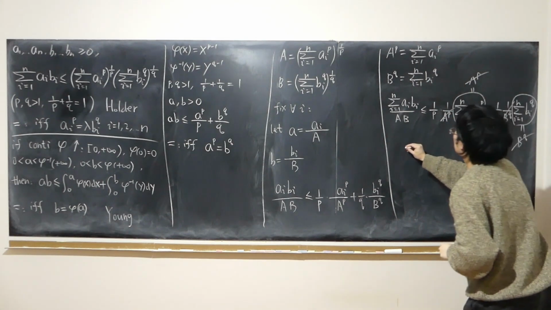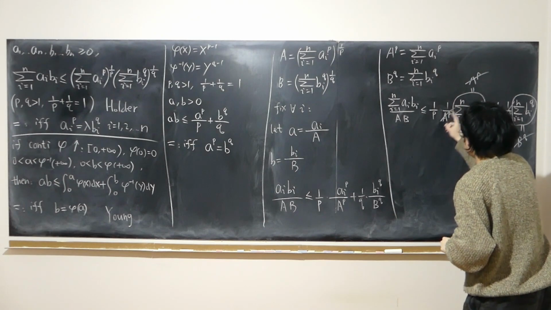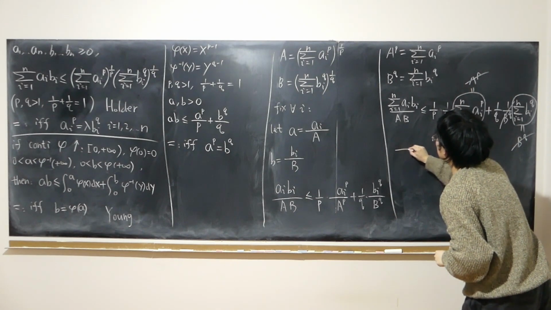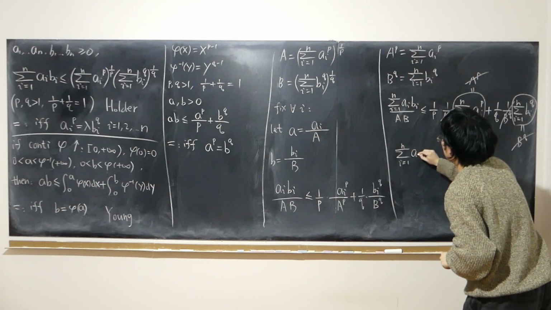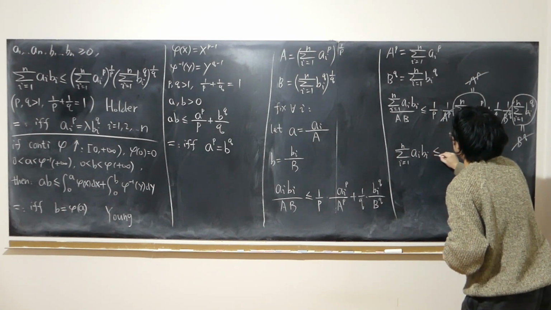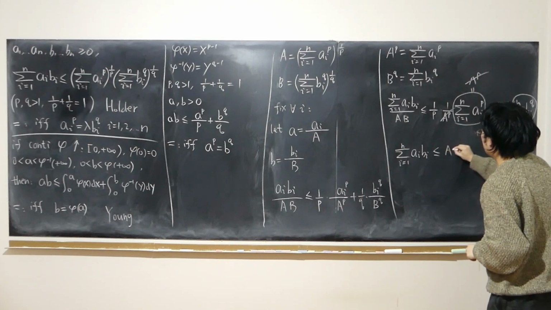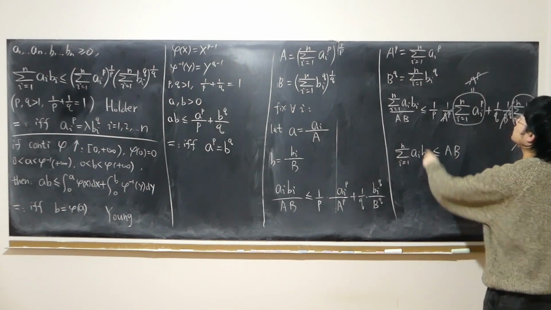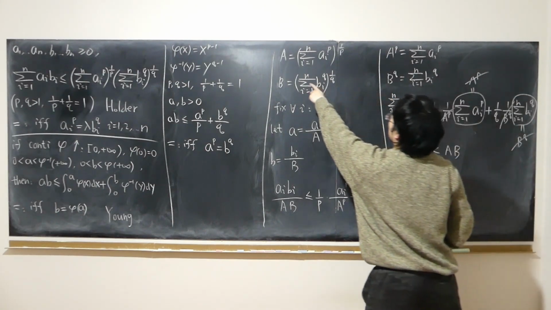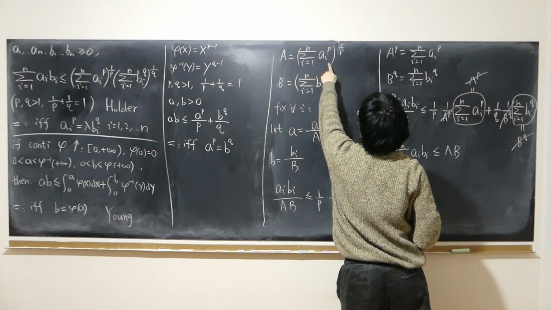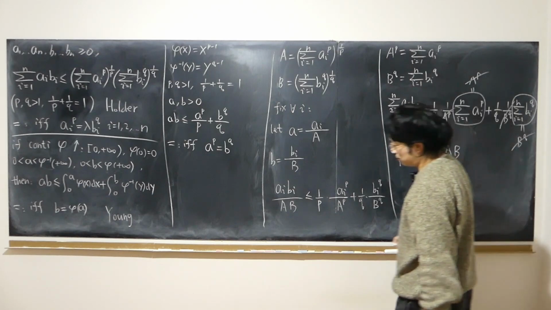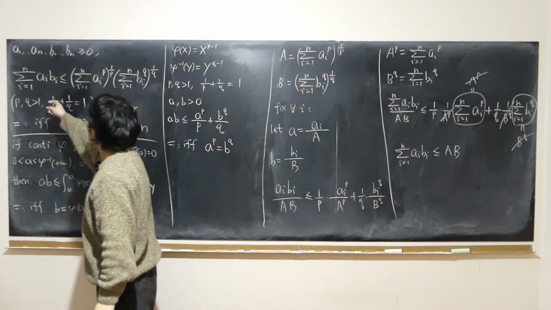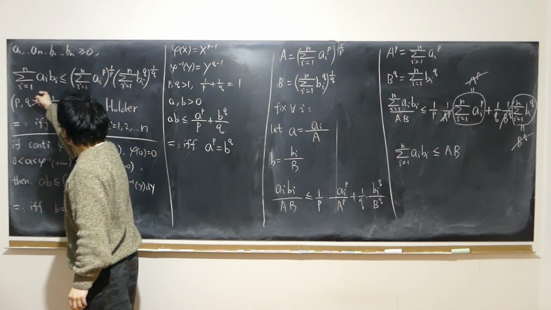So I multiply AB over, and I have sigma from 1 to n of ai bi is less than or equal to just A times B, right? A times B is sigma to the power 1 over p, B is this, so this is what I have on the left-hand side.